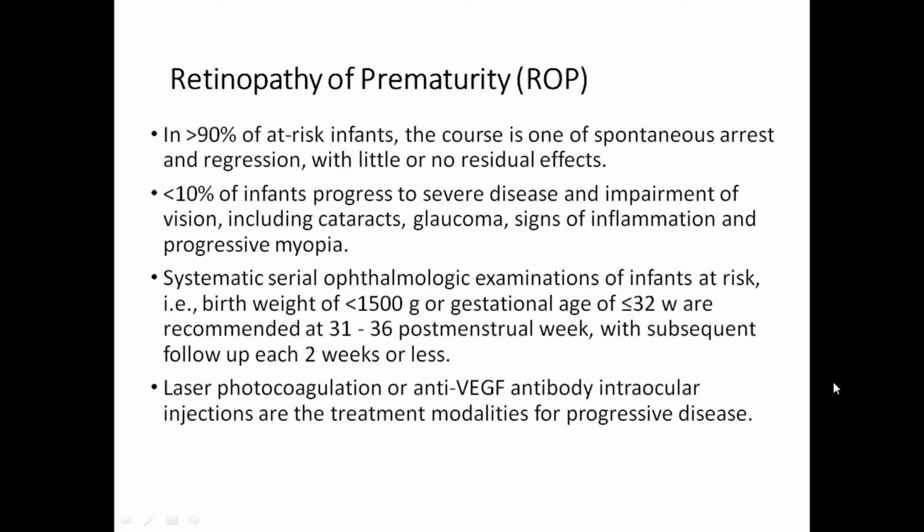Systematic serial ophthalmological examination of infants at risk, with birth weight less than 1.5 kilos or gestational age less than 32 weeks, is recommended at 31-36 postnatal weeks. The subsequent follow-up is every 2 weeks or less. Laser photocoagulation or anti-VEGF antibody intraocular injections are the treatment modalities for progressive disease.